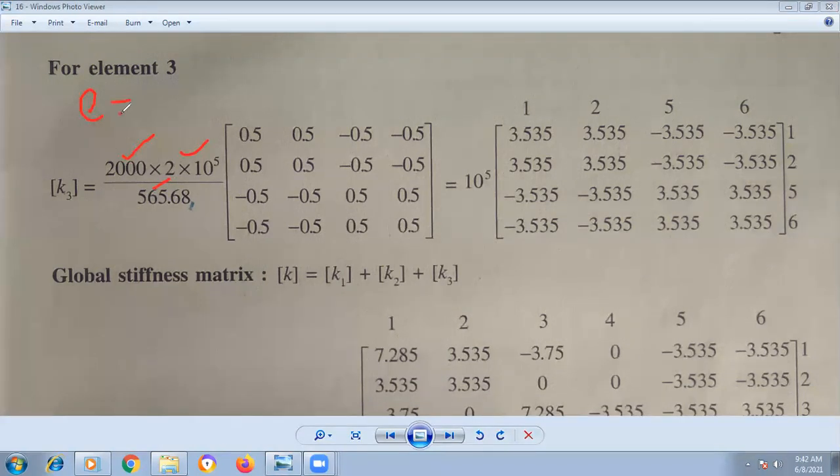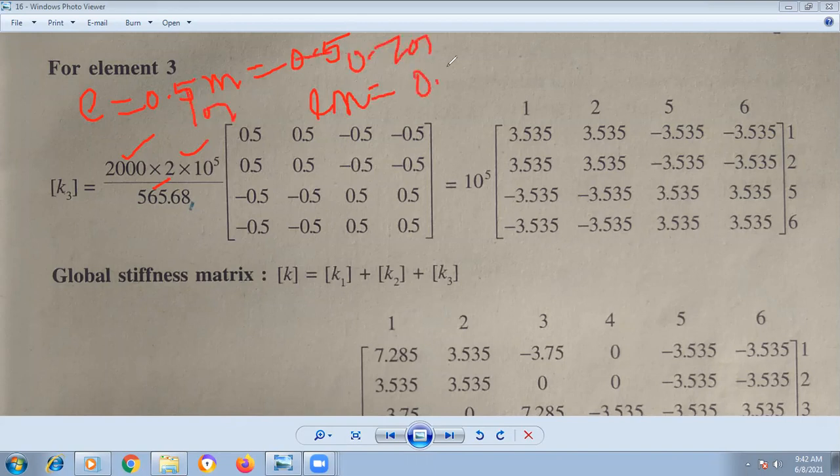Now here L value was 0.707, M value was 0.707, L into M is 0.5, L square is plus 0.5, M square is plus 0.5, right?